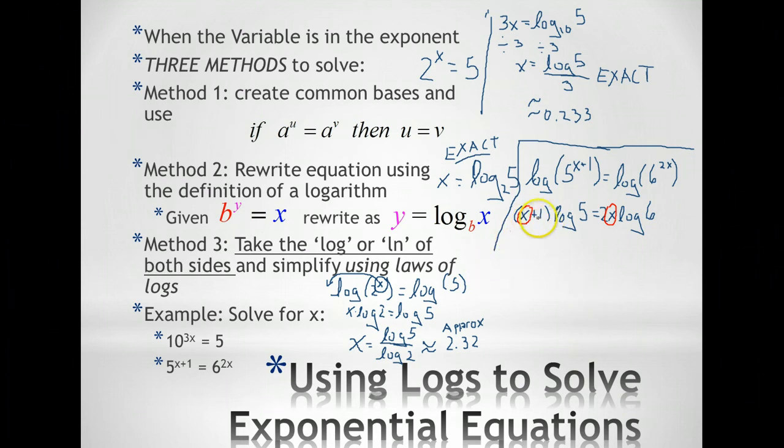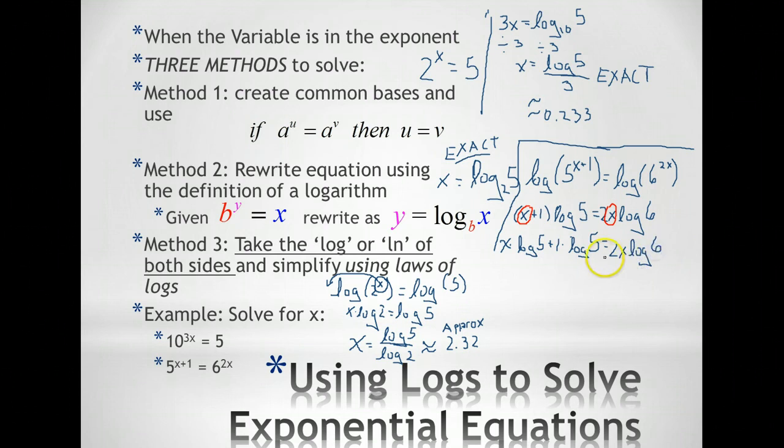First thing I'm going to do is I need to get rid of the parentheses here. I could divide by log 5, or I could distribute. I'm going to distribute, so I have x times log 5 plus 1 times log 5. And that equals 2x times log 6.